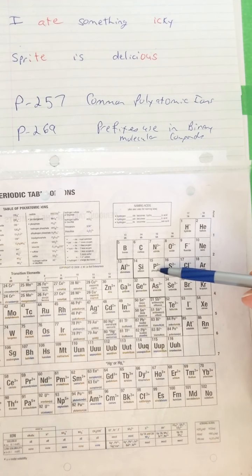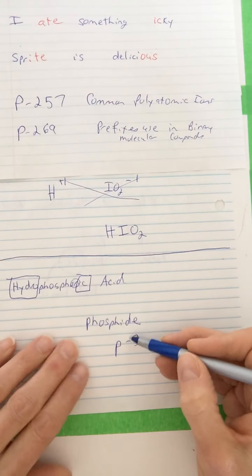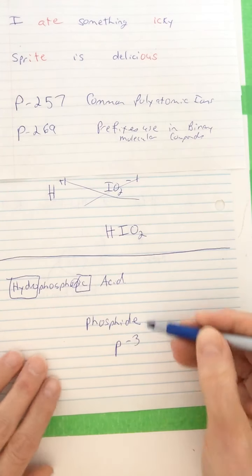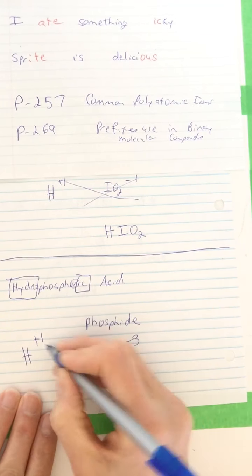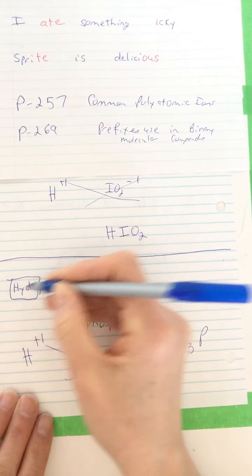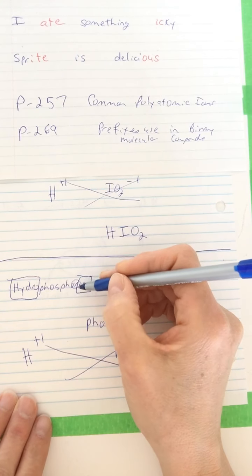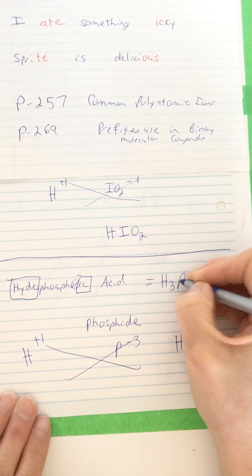So I can see here phosphide. It's a P-3. And what is always in an acid is hydrogen, which is a +1. Do a crisscross, we get H3P. So hydrophosphoric acid is H3P.